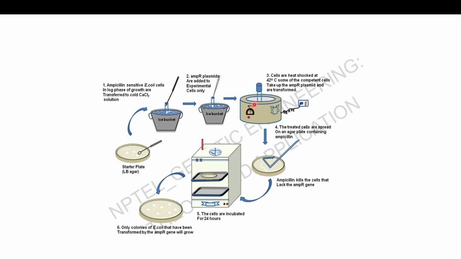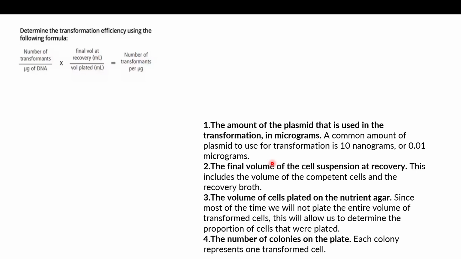This addition of LB media or culture media to the mixture is called recovery media. Okay, now it is then incubated and we let the cells grow, and then from that recovery medium some volume is plated on the agar plate. So that's what is mentioned here. What is the final volume at recovery?